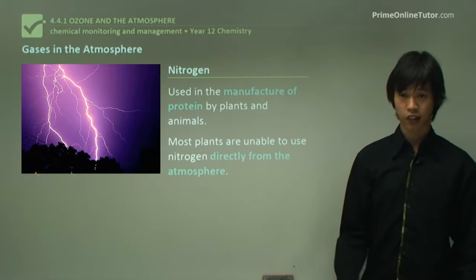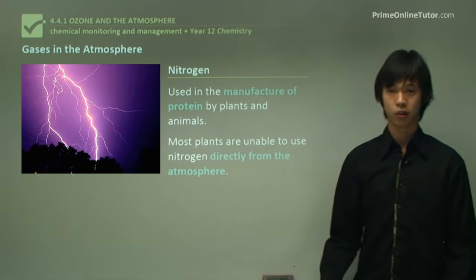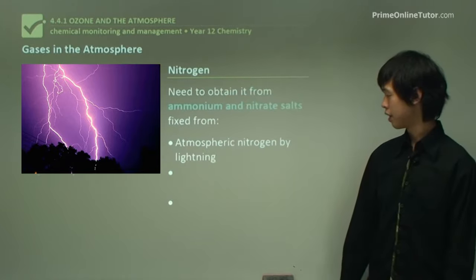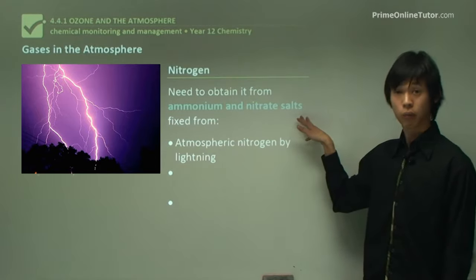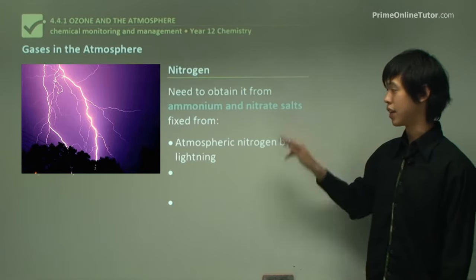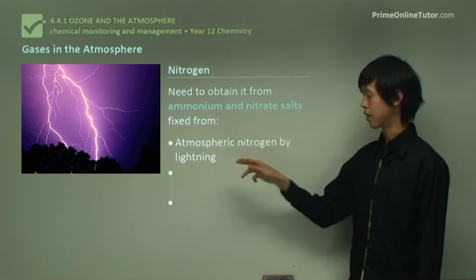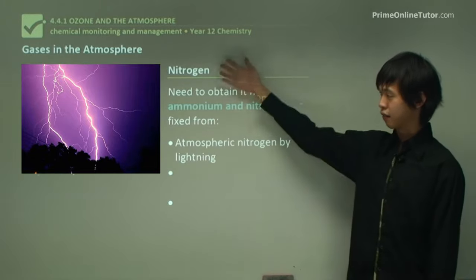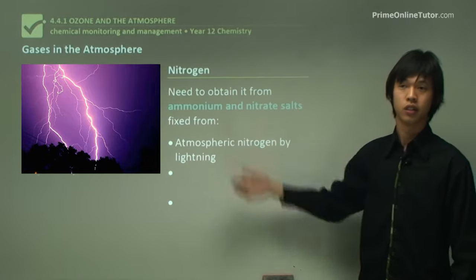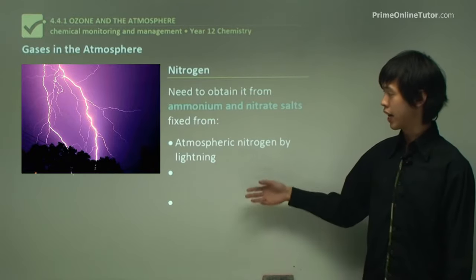However, there are means of getting nitrogen from the atmosphere, of course, otherwise we wouldn't be here. We need to obtain it from ammonium and nitrate salts. And where we get these from, in a natural system, is lightning. Lightning is a very impressive natural phenomenon.